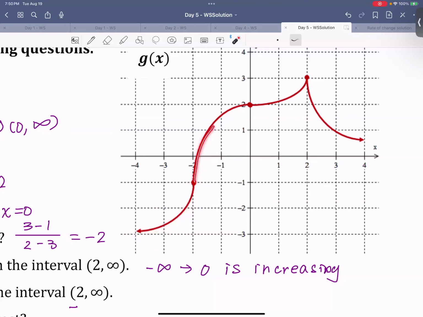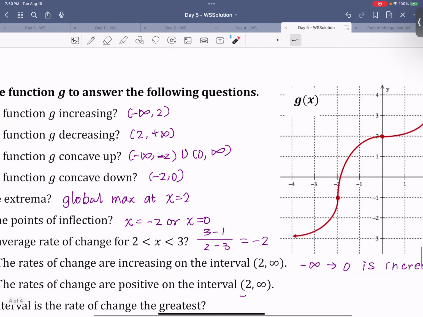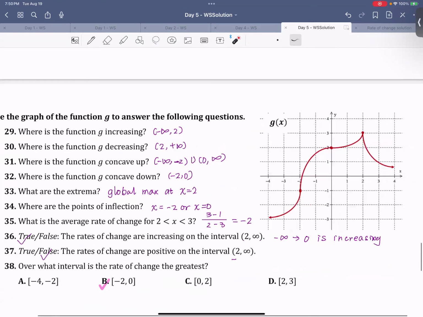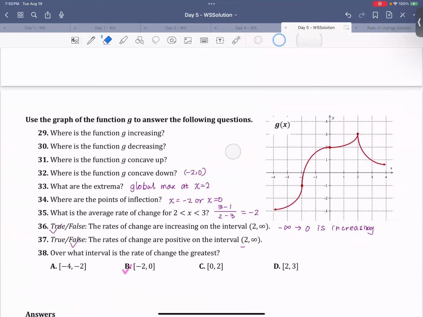This part is concave down, the rate of change is decreasing. I know this is something very confusing, okay? So let's look at the list of questions. Let me call students, okay? Hopefully, after we work on this, everybody should feel comfortable with this for tomorrow's quiz, okay?